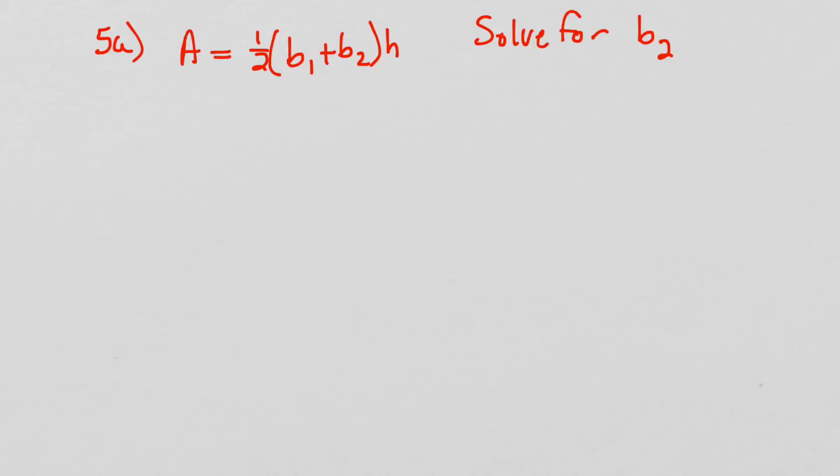So the first question that we're going to ask is the variable B subscript 2 on the left? It's not, so we're going to do symmetrical. So we're going to do 1/2 times B1 plus B2 times H is equal to A. Now, is the B sub 2 alone?